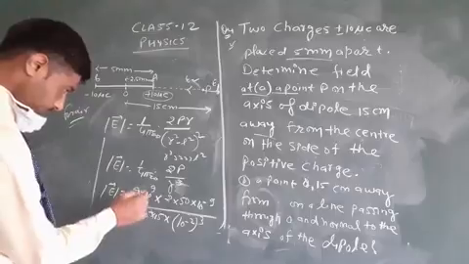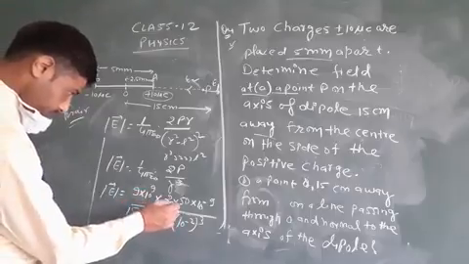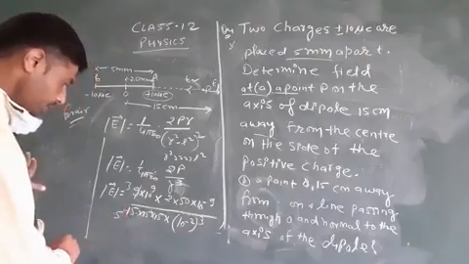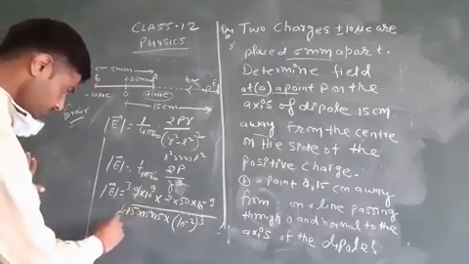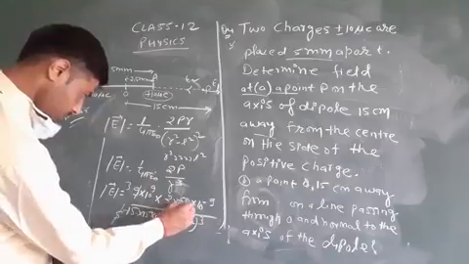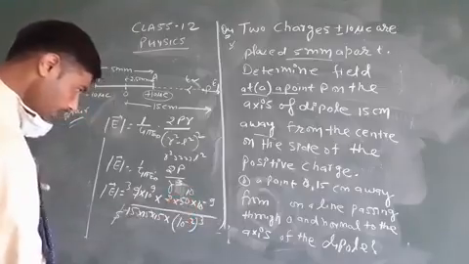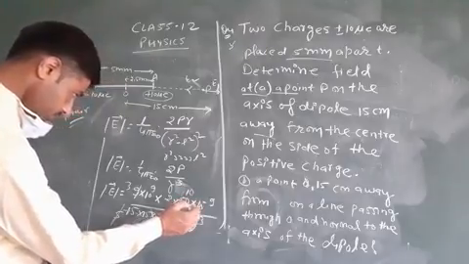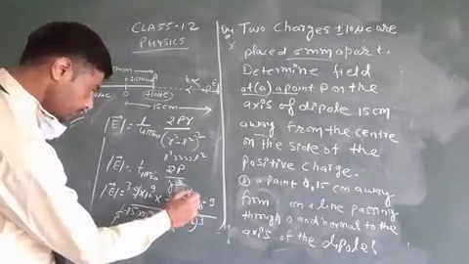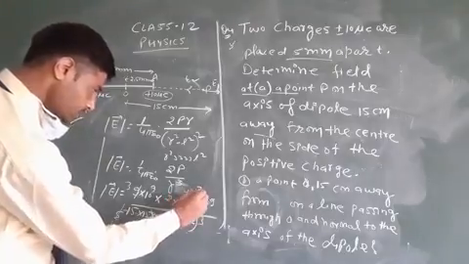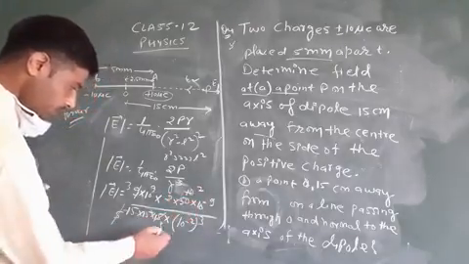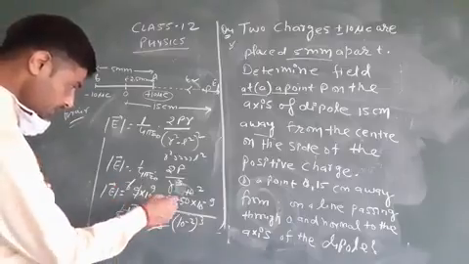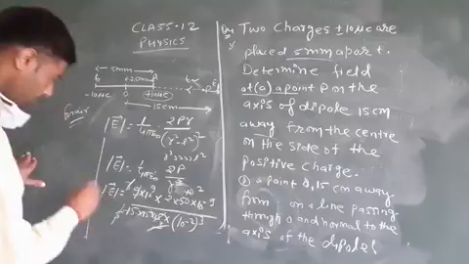So 3 3 9, 15, 10, 3 and 3 cancel by this 3, and this is 2 to the 4.